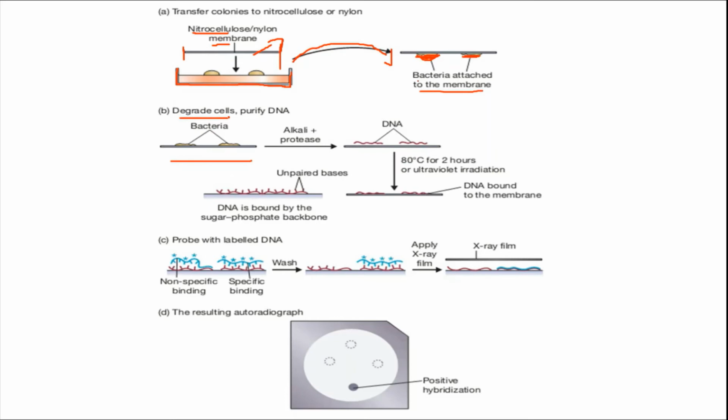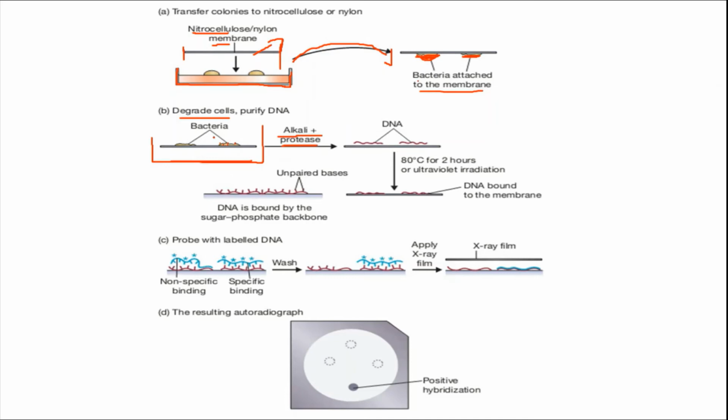After the treatment with toluene and chloroform, the surface-attached bacterial cells are denatured. This is followed by treatment with alkali and protease, so all proteins, lipids and carbohydrates are degraded. Only the DNA remains.